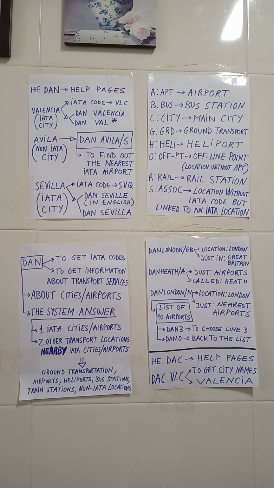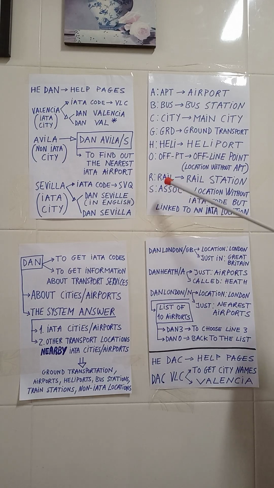H, heli, will refer to heliports. OPT will refer to localities without an airport, offline point, okay, location without APT, airports, okay.